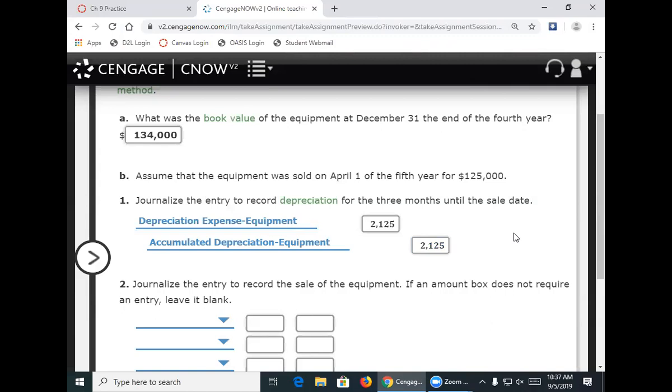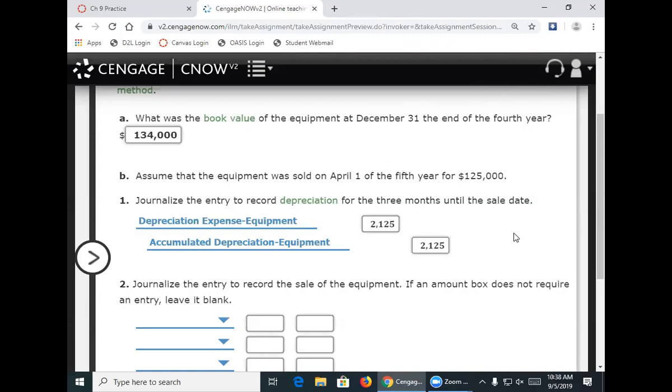Okay. So now we've depreciated this equipment $34,000 plus the $2,125. So our accumulated depreciation account has been $34,000 and now the $2,125. So its balance is $36,125.